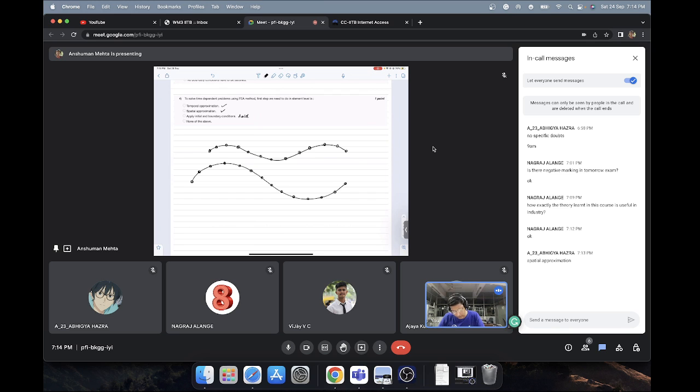And similarly, if we take one more time step, at every time step the shape is getting changed. So the whole shape is getting changed. But if you take only one node, it is moving from here to here. It is moving to some point.